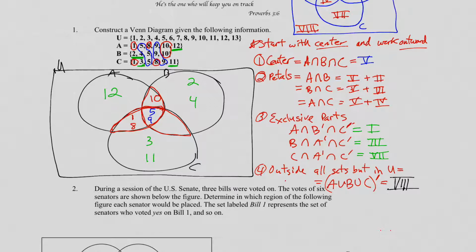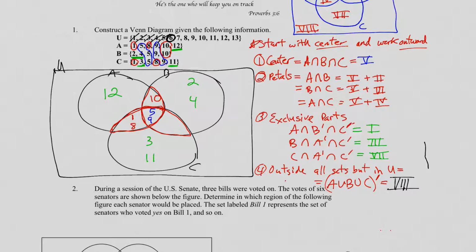Well, if you look at our sets, it's those things in the universal set not already in those other 3 sets. So we can just go to our list and count off. We have a 1 in set A and C. We have a 2 in set B, 3 in set C, 4 in set B, 5 in all 3 sets, 6. Where's the 6? I don't see a 6 anywhere in the list or in the circle.